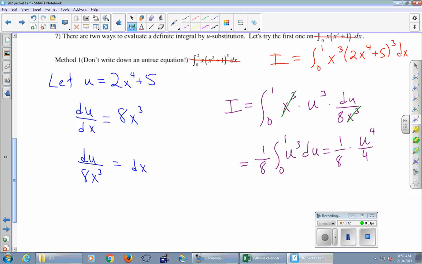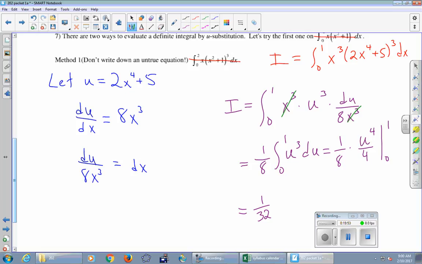No, this is a definite integral, so this is the one where we go that, right? Okay. All right, so I'm going to smush the 8 and the 4 together, so I'll make a 1 over 32. And then we plug in 1 and we plug in 0.